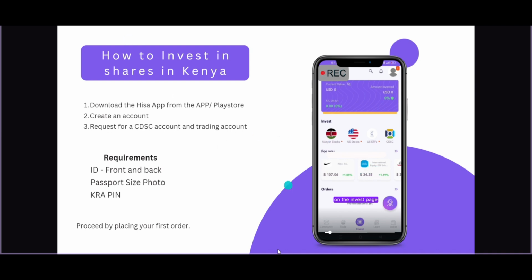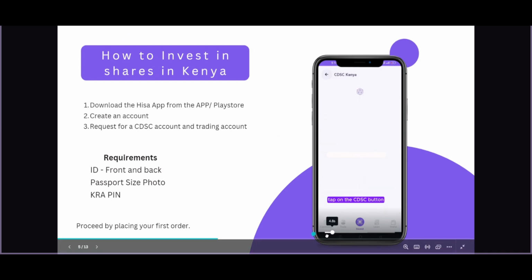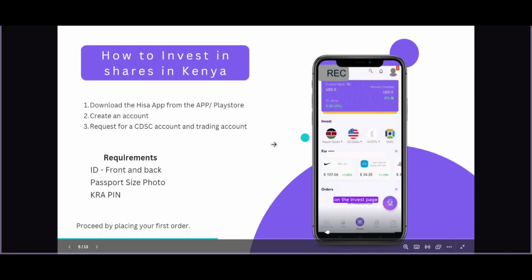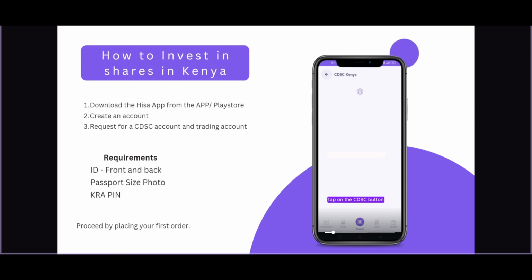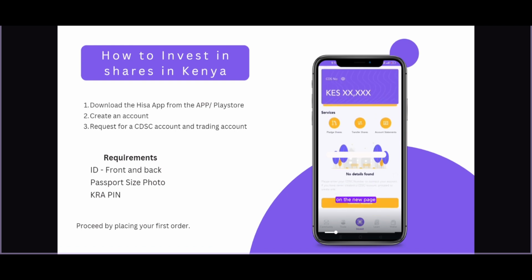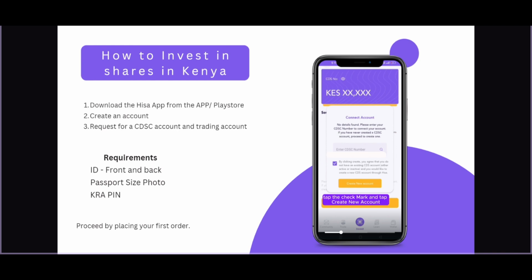On the Invest page, tap on the CDSC button. On the new page, scroll down and tap Connect Account. Tap the check mark and tap Create New Account. A CDSC account number will be created within 48 working hours.